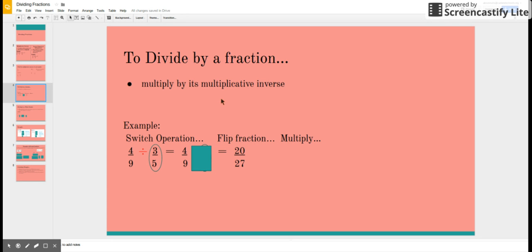So, for example, we have 4/9 divided by 3/5. Well, this division sign is going to change to multiplication, and this 3/5 we're going to flip to the reciprocal, 5/3. So it's going to be 4/9 times 5/3, and now we know how to solve this. 4 times 5 is 20, 9 times 3 is 27.